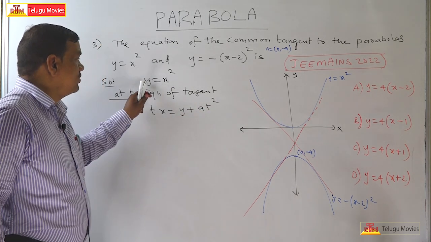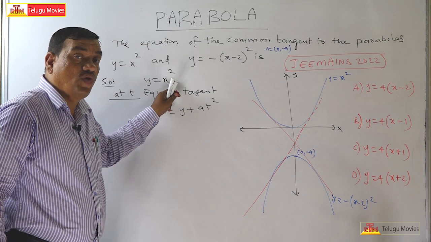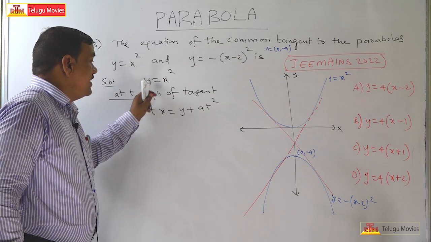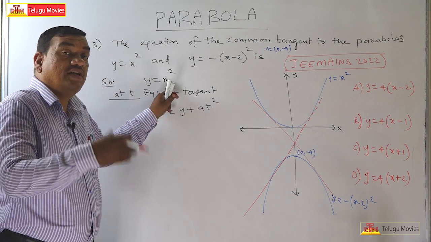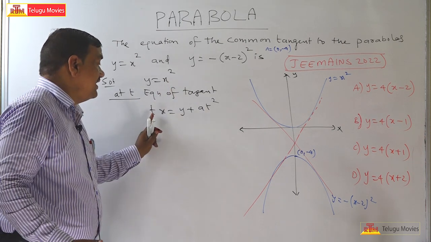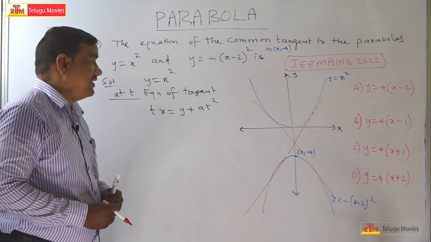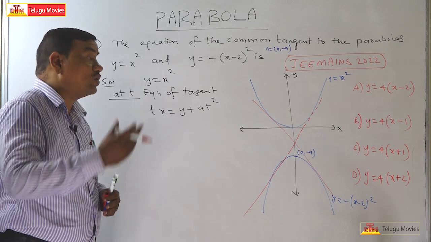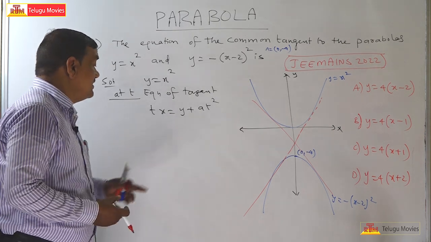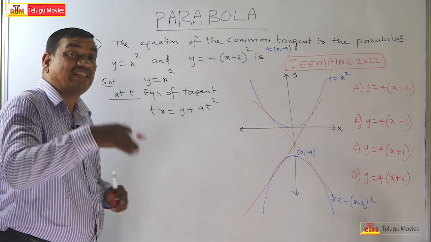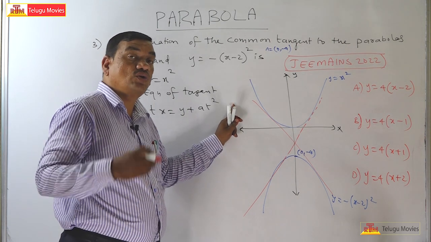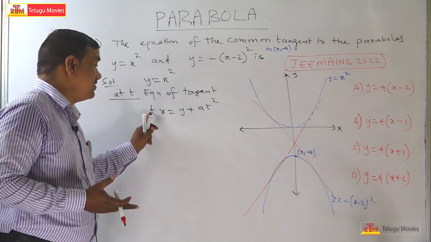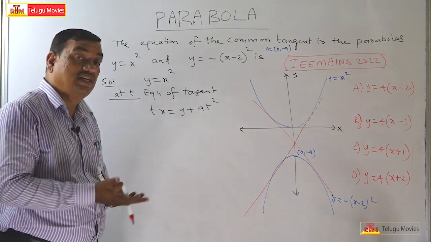Always remember this. If it is x square is equal to 4ay, the tangent equation is tx is equal to y plus at square. So remember that if it is y square is equal to 4ax, your tangent equation is ty is equal to x plus at square.